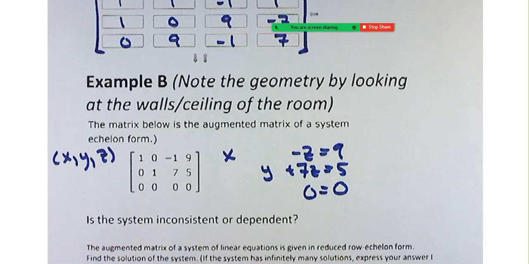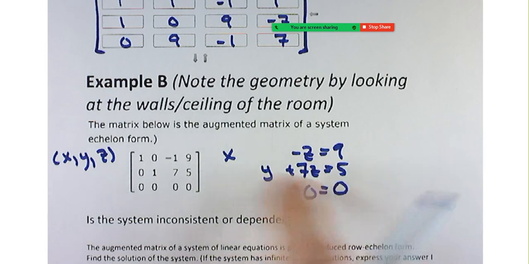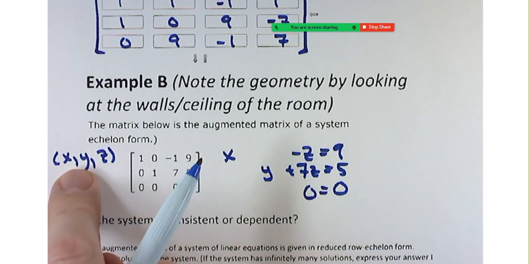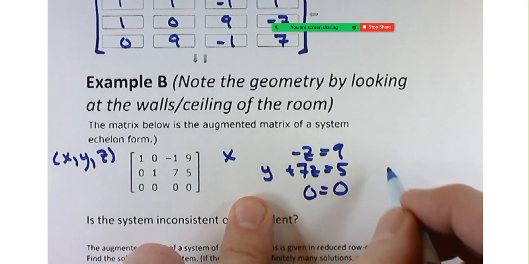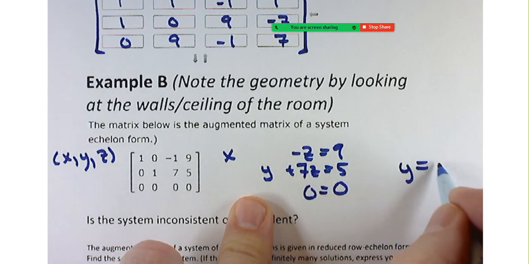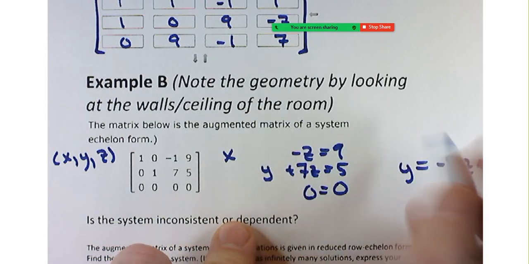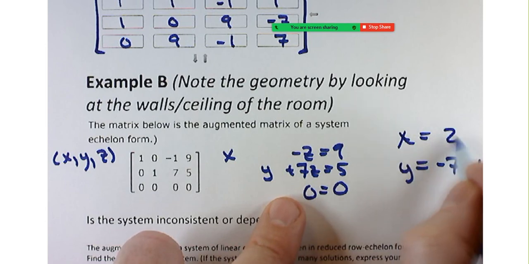The nice thing about this problem is it gives us a chance to practice something we did in the last section, section 10.2, and that is writing this in terms of x, y, and z, writing it as a parametrically defined line. So how's that going to work? Well, if I solve for y, I get y equals -7z plus 5. And if I solve for x, I get x equals z plus 9.